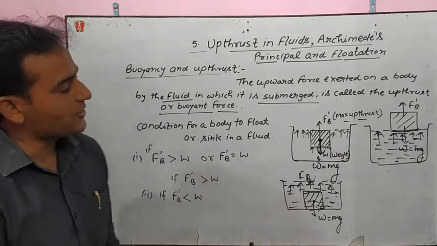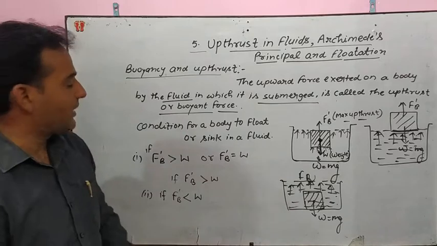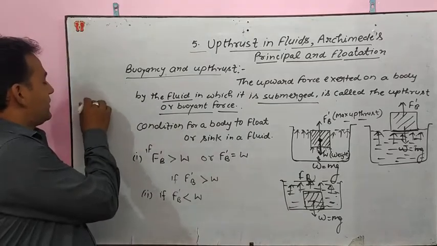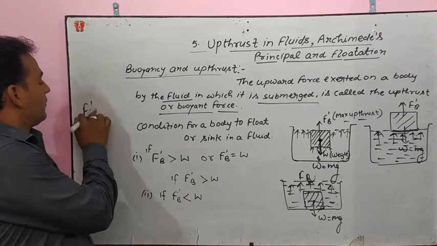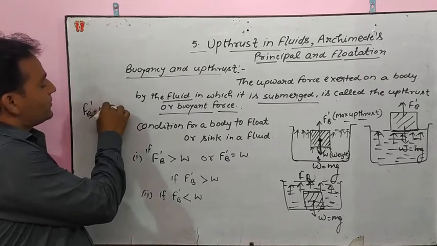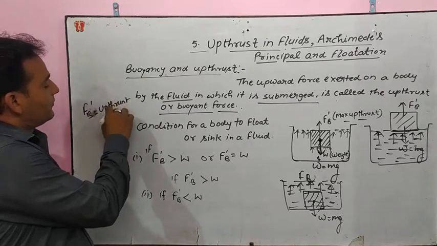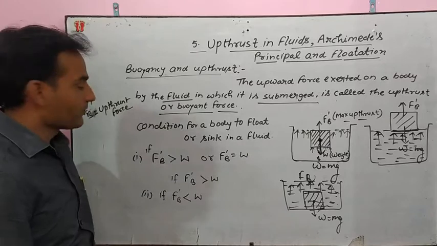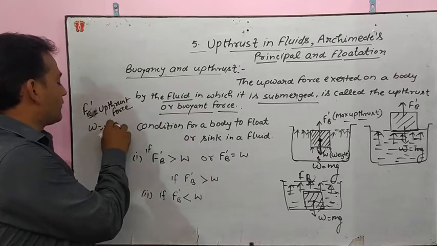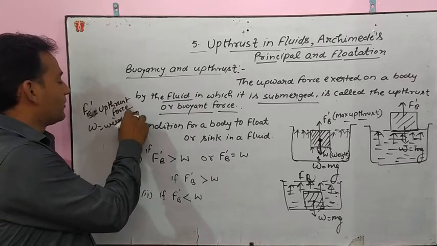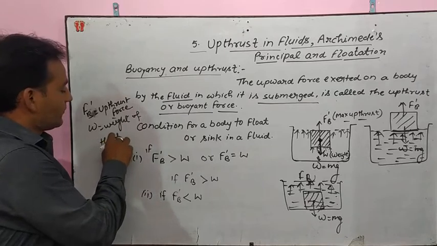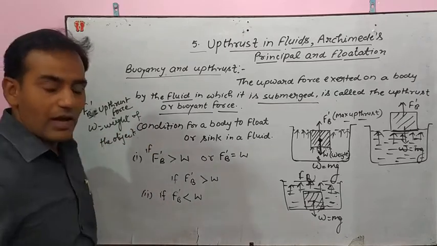In this first condition, F dash B is the upthrust force. W is the weight of the object, which acts in the downward direction.